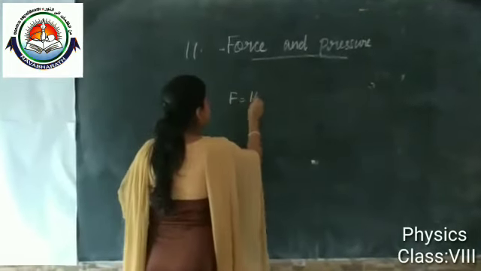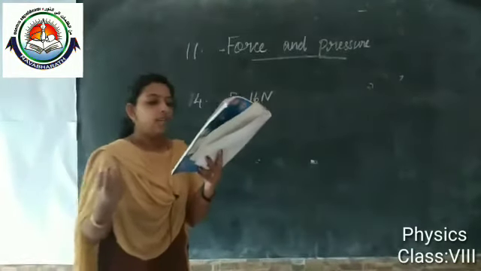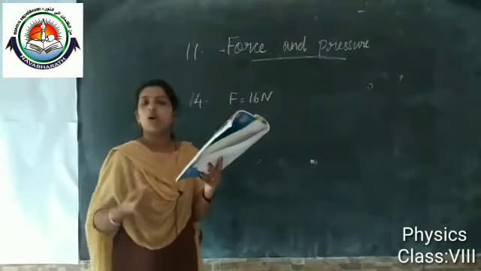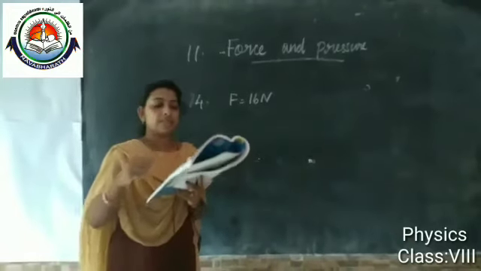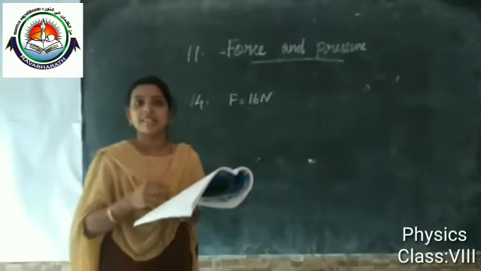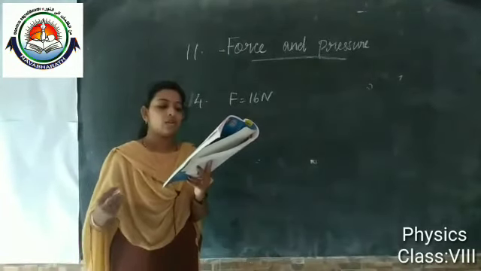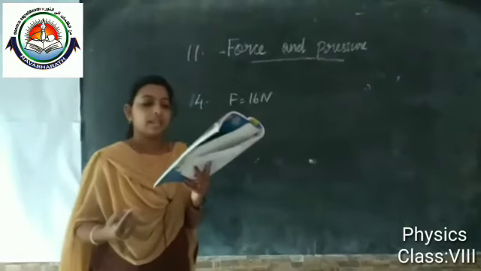Force is equal to 16 Newton. Then what we need to find out? Find the pressure exerted by the brick on the ground. Actually here it is not giving the area, but a hint is given. That means a brick is 32 centimeter long, 10 centimeter wide and 10 centimeter thick.